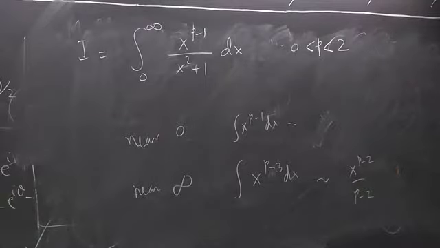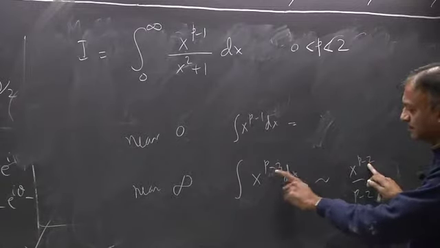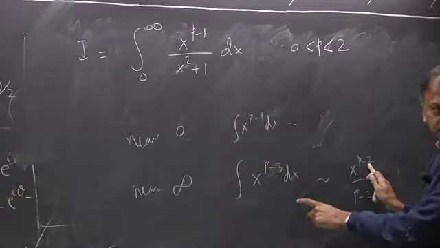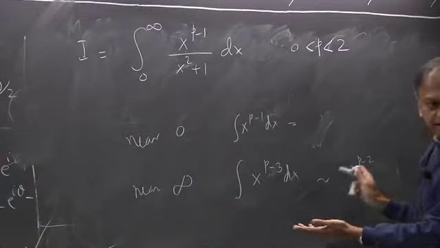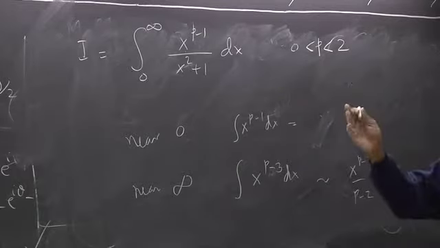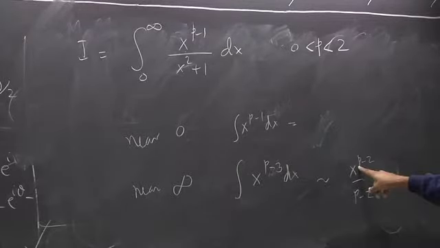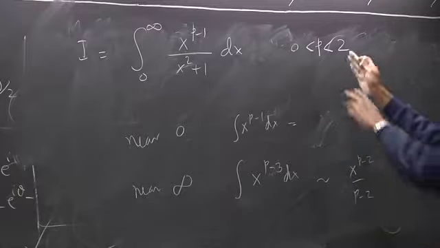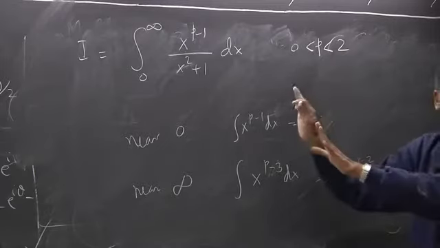If p was equal to 2, this becomes 1 over x, dx divided by x, whose integral is log of x, and as x goes to infinity the log blows up. And of course for p greater than 2 it blows up even more strongly. So that's why the range is this. In this range the integral is well defined.